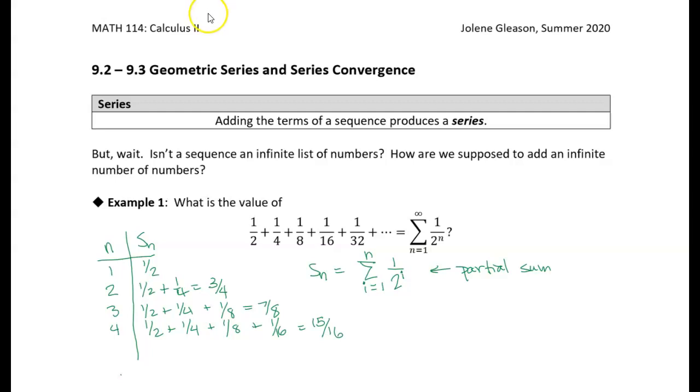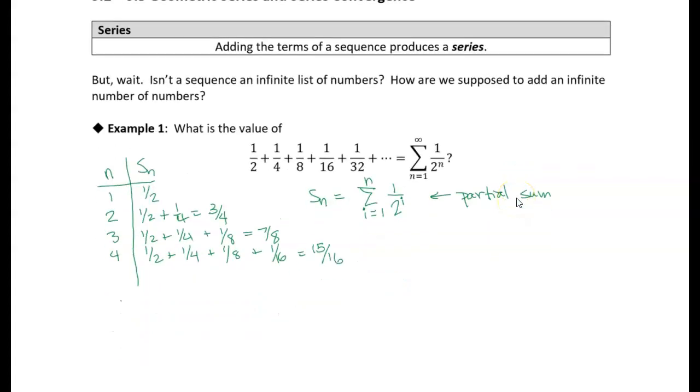So you can see a pattern happening here. We've got these fractions, where the denominator is a power of 2 and the numerator is 1 less. We could just keep going, and for the nth term, s sub n looks like it's going to be (2 to the n minus 1) over 2 to the n. That's my guess, and I think it's a pretty good guess.